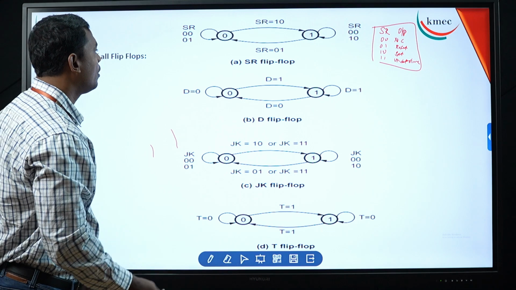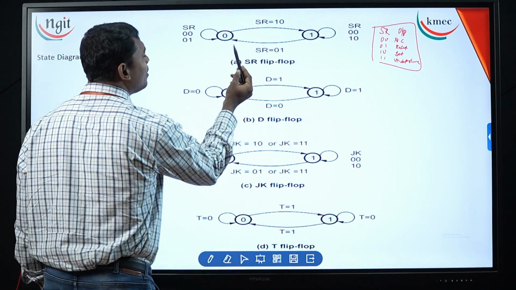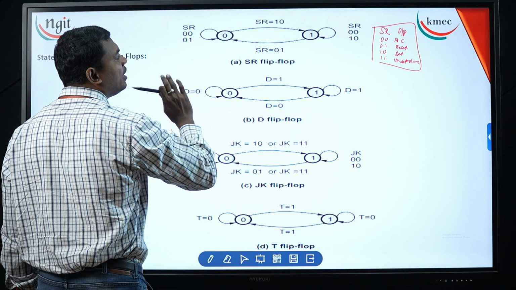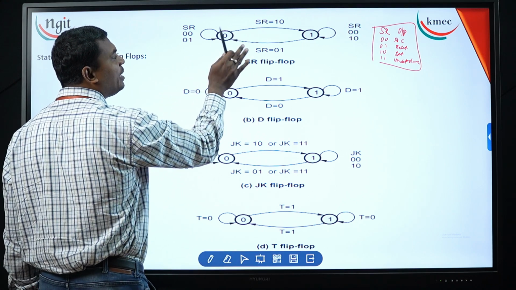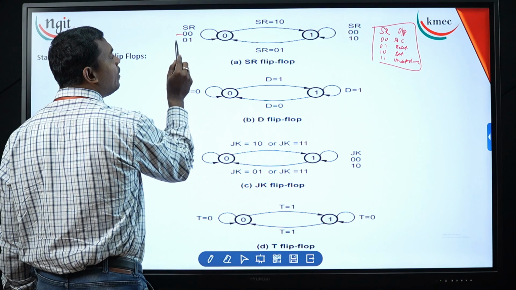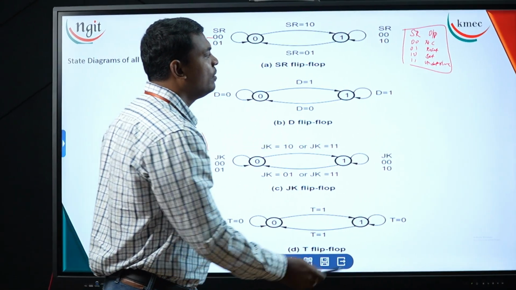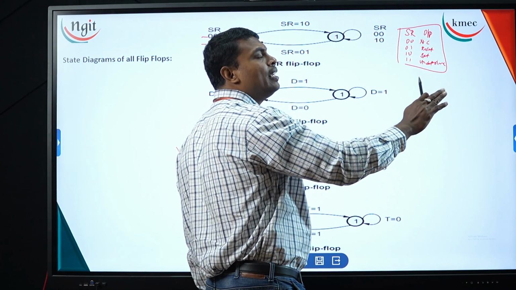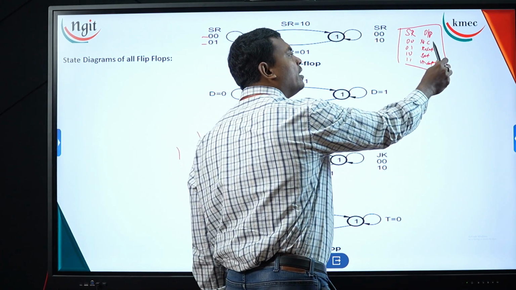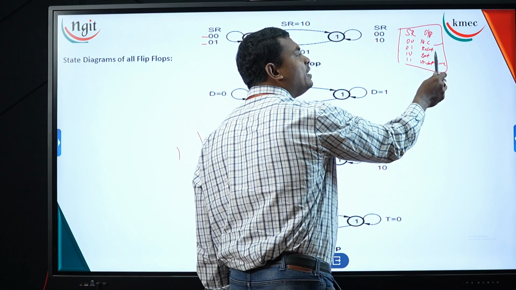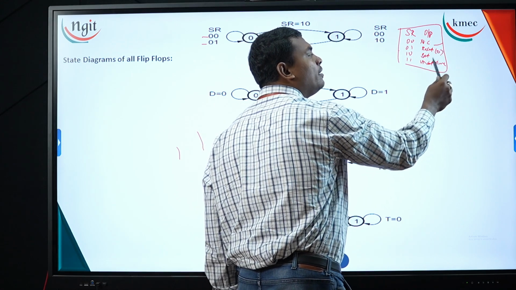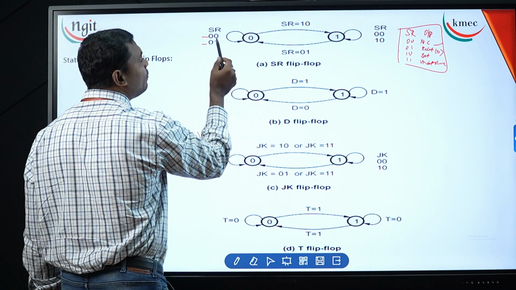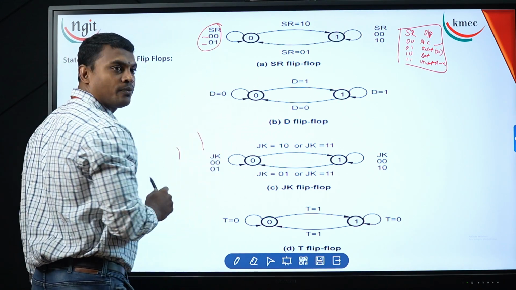When in the 0 state, it remains there for inputs 00 and 01. For 00, no change, meaning whatever state it is in, it remains in that state. For 01 it is reset, meaning the value is 0. That is the reason it remains in the 0 state for these two values.